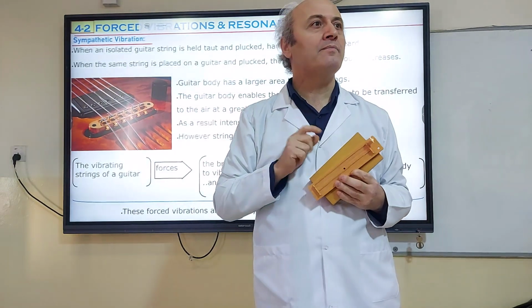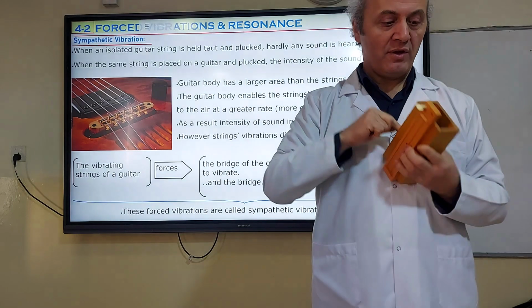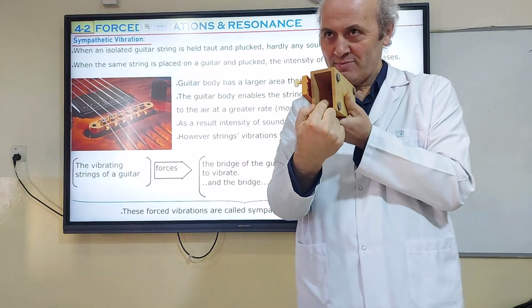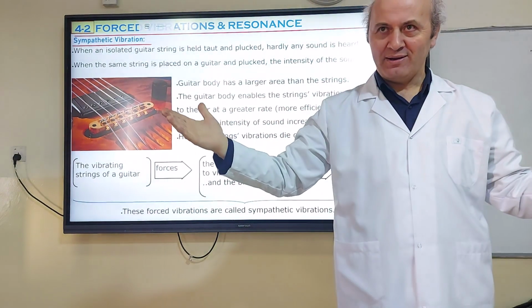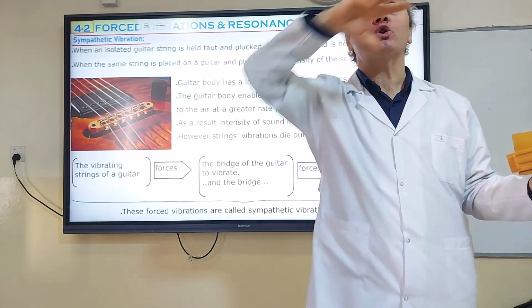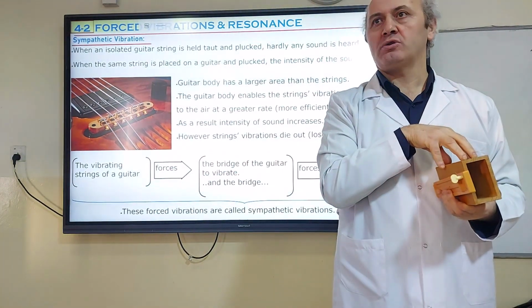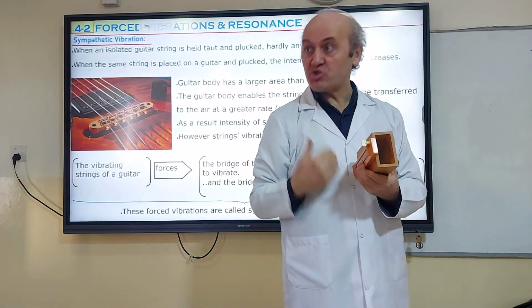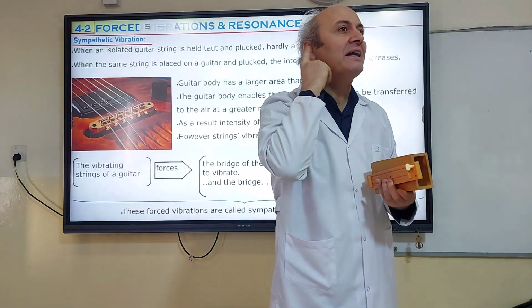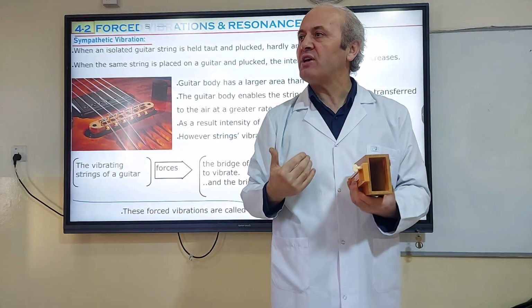But what happened? When we connect this string to wood, even though the inside of the wood is empty, the area of the instrument increases, and more air molecules get in contact with this instrument. Because if I want to transfer the vibration from the string to the air, which will come to our eardrum, and make it louder, I need to transfer this energy at a greater rate.